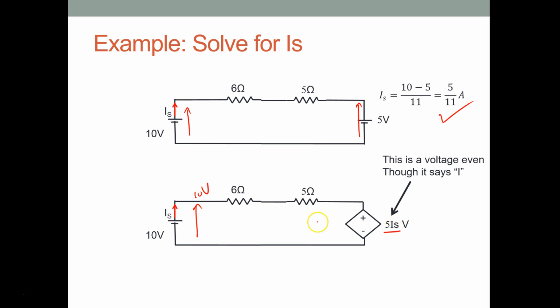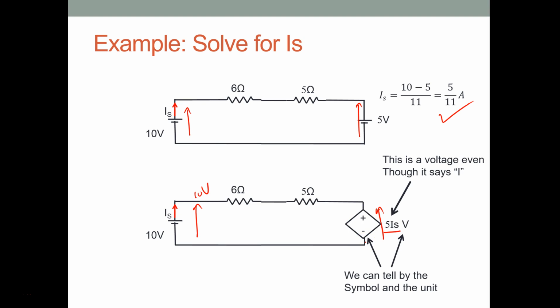So we have IS, which is here, and the value of voltage across this source is 5 times the value of IS. So unlike the first example, when we knew it was 5 volts, we don't actually know what this value 5IS is. Also, it is a common mistake that students often think that because you see IS here, it's a current. It's not a current, it's a voltage, and we could tell that by the source here.